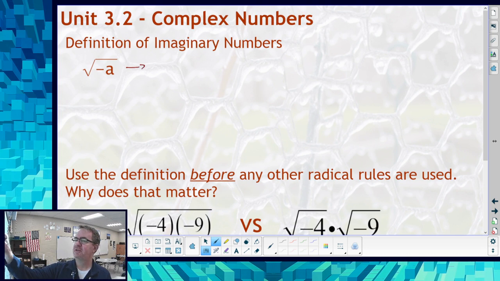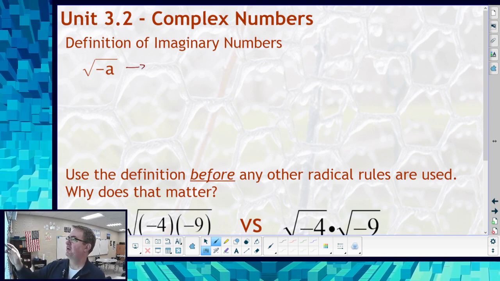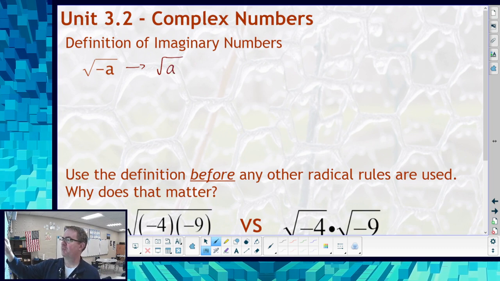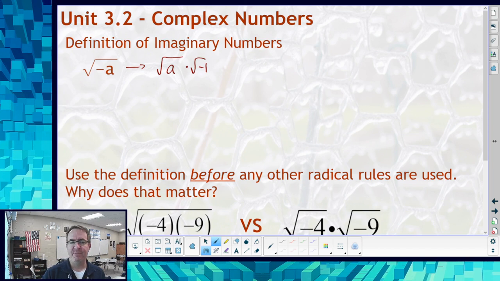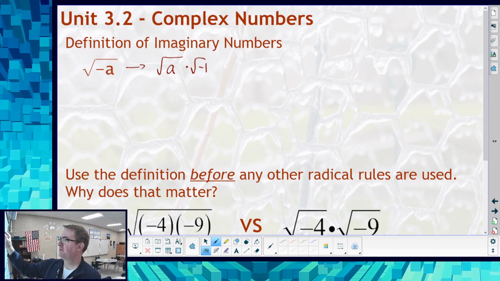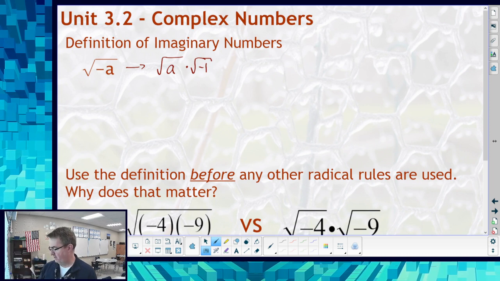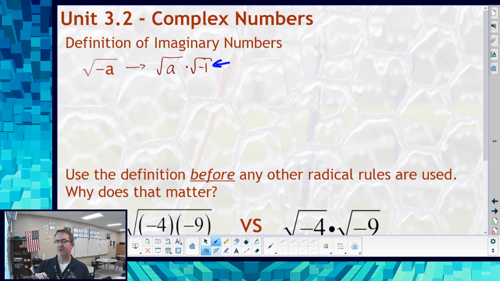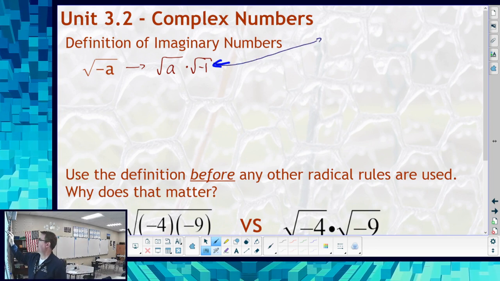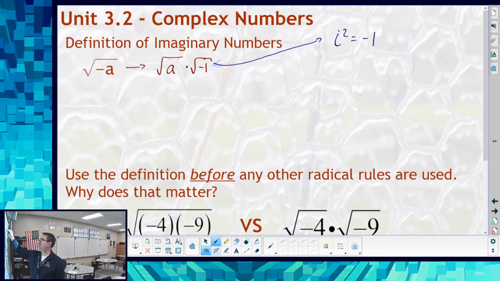So what's the definition of the square root of a negative number? We're going to break this down just like what we did into the square root of negative 1 times whatever we're taking the square root of. Now the question is, this is a lot to write, right? So what they ended up doing was, we're going to define i squared to be negative 1.